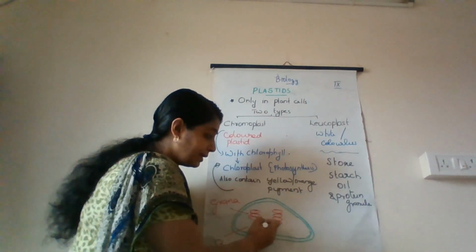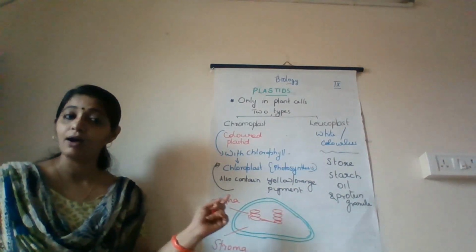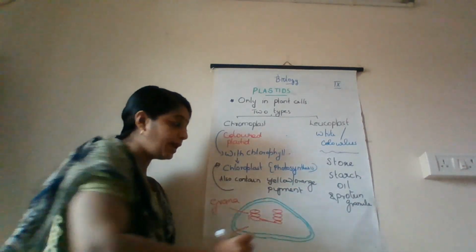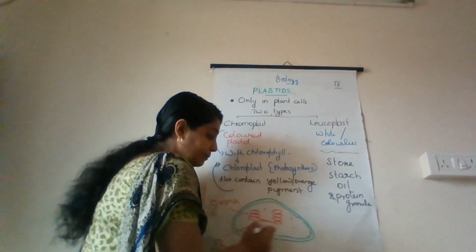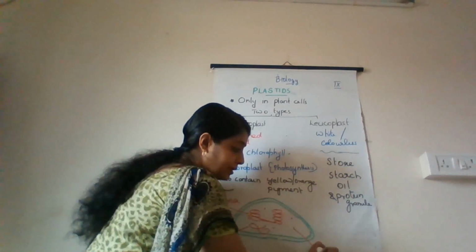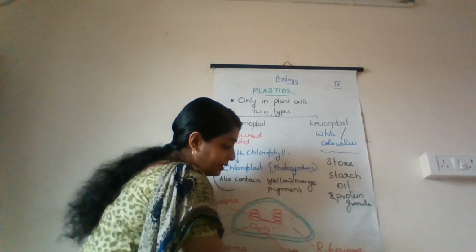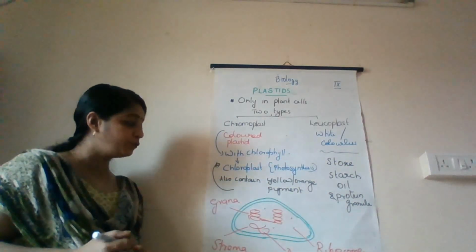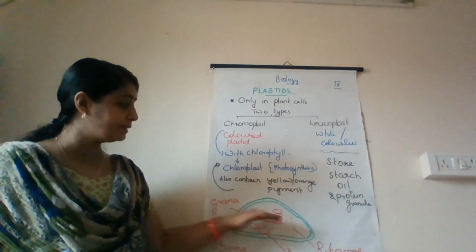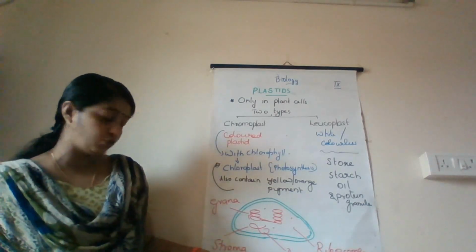These grana are connected by stroma lamella, and like mitochondria, chloroplasts also have their own ribosomes and their own DNA. That is the specialty of chloroplast. To summarize, chloroplast has a double-layered membrane, inside which is the ground substance matrix called stroma.